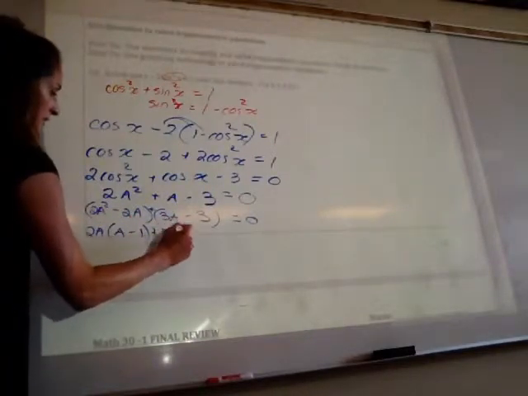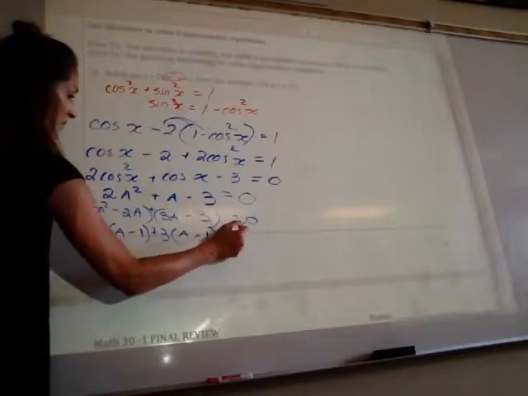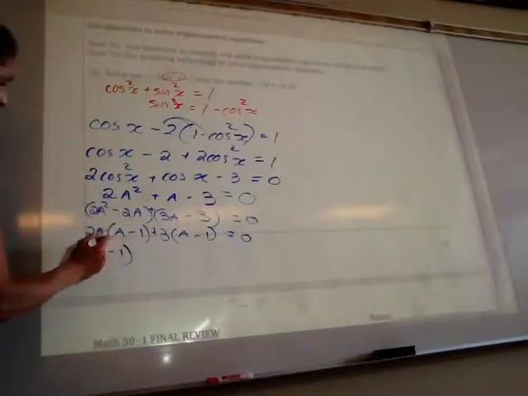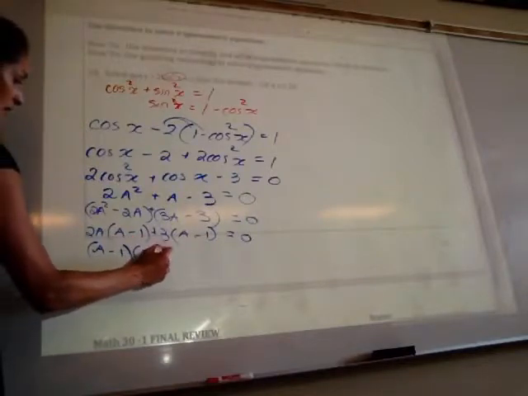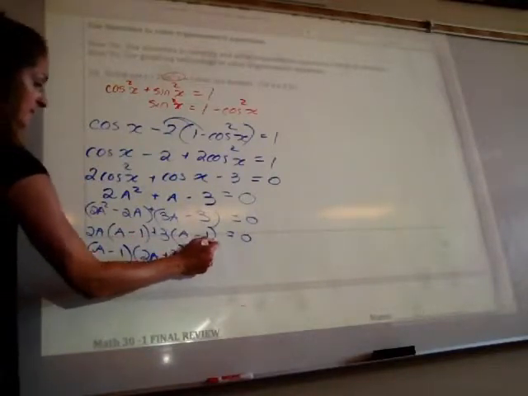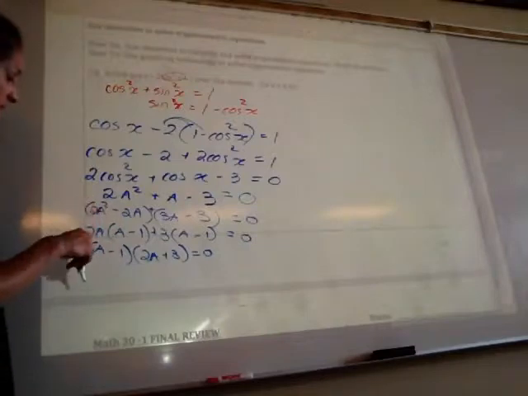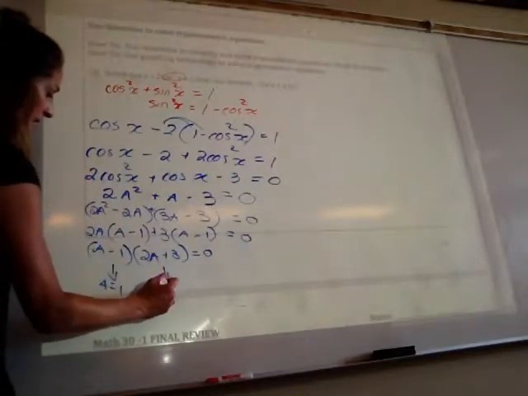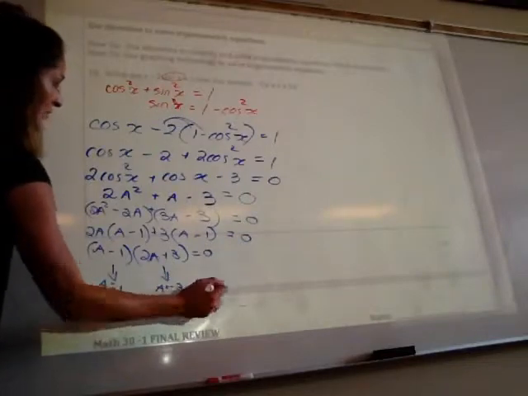Take out a 3 from the second group, left with a minus 1. But so then I have a minus 1 multiplied by 2a plus 3. And from here, a equals 1 and a equals negative 3 over 2.